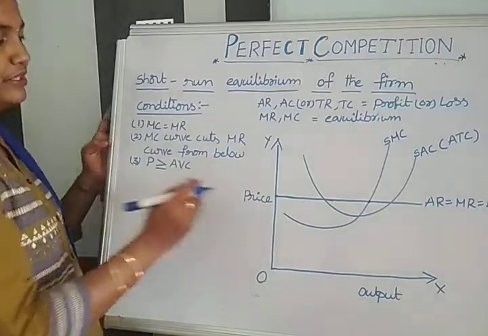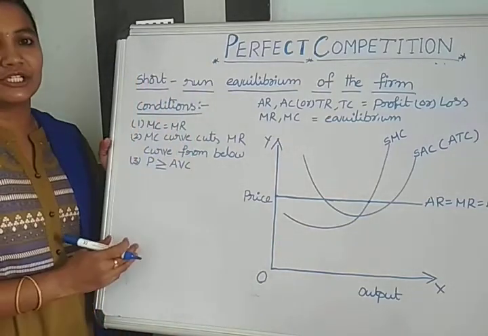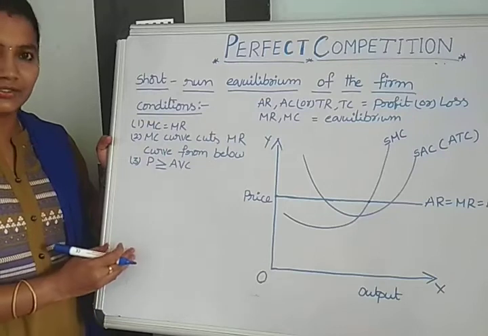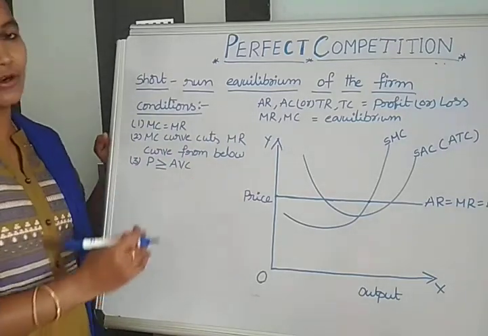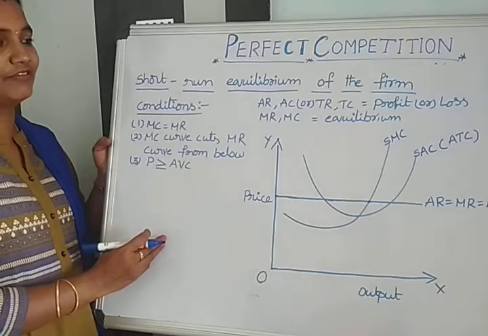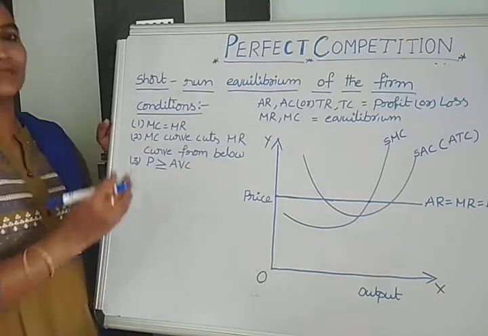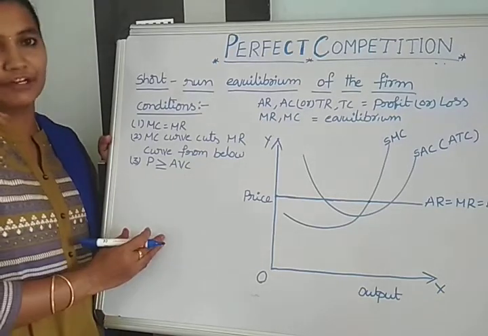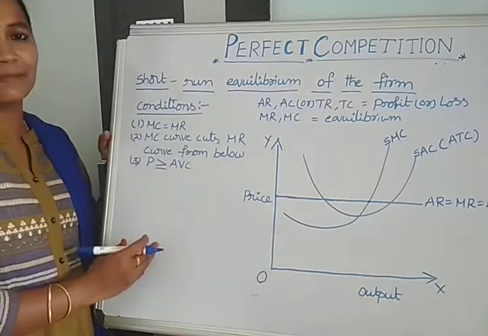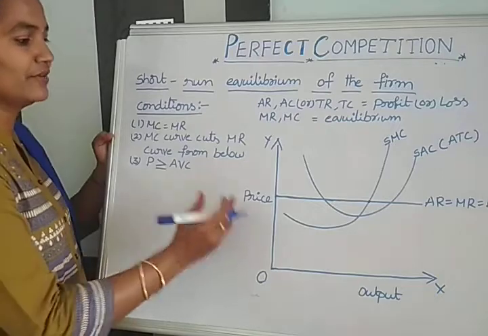Already we know that under perfect competition, price is determined by the industry. So price is always constant. Firms do not have any right to change the price. Whatever price is fixed by the industry must be followed by the firm. So there is no change in the price of the commodity.